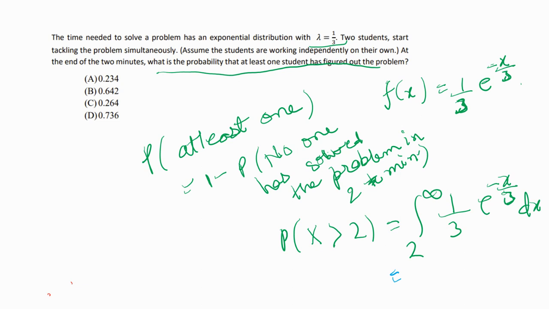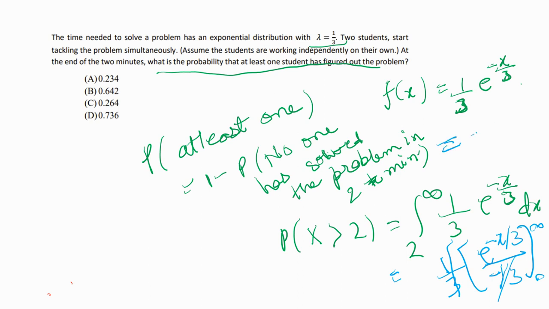So 1 upon 3 is a constant, it will come out. It will be e to the power minus x upon 3 divided by minus 1 upon 3, and then we put in the limits. The 1 upon 3 and 1 upon 3 will cancel out, leaving a minus.